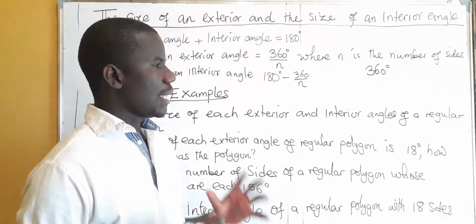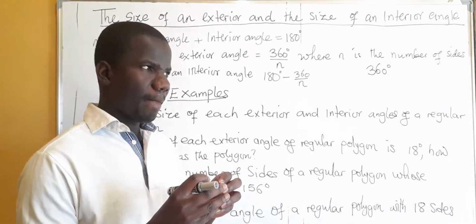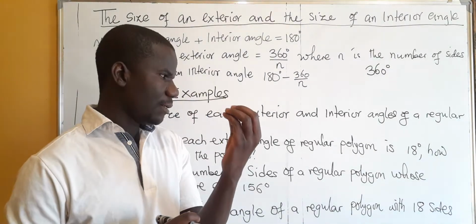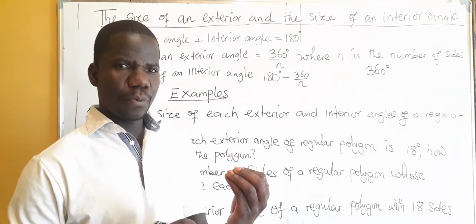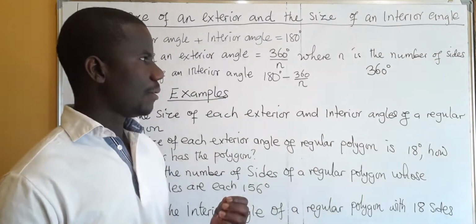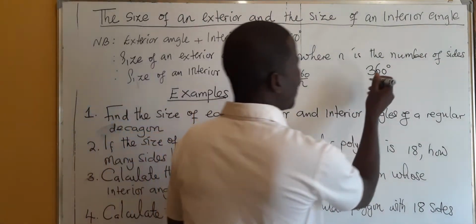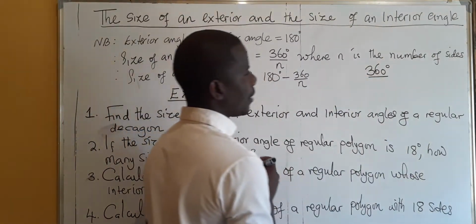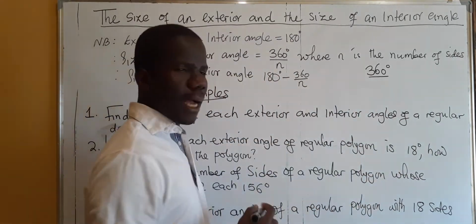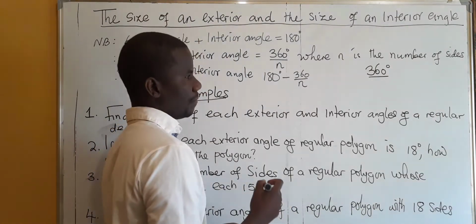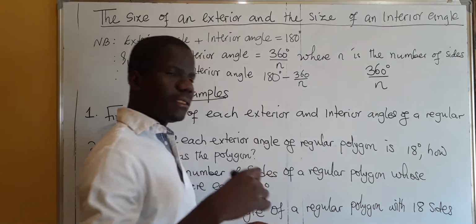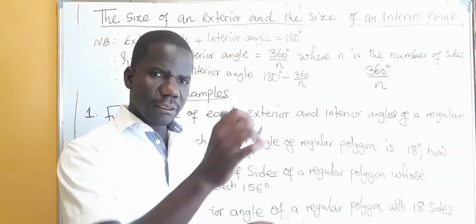So now, if we want to find the size of one exterior angle, it means we need just to divide this sum. We have to divide this sum by what? By the number of the sides. Then it will give us the size of each exterior angle.